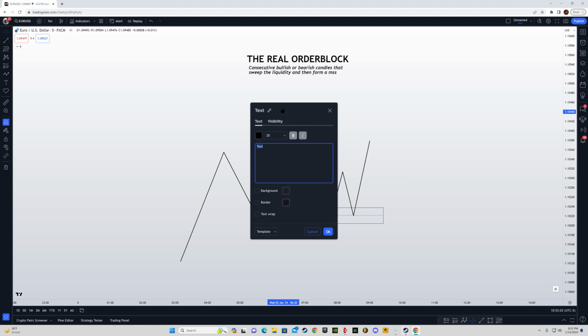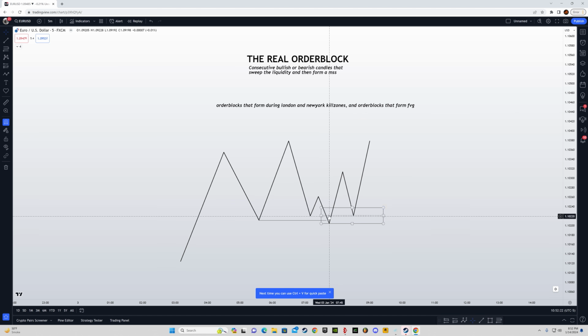So let's type in here. Auto blocks that form during London and New York kill zones, and auto blocks that form fair value gap as well. So if an auto block forms during London or New York kill zone, and that auto block also leaves a fair value gap here, so this is an auto block, right?